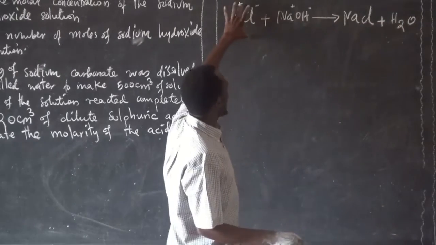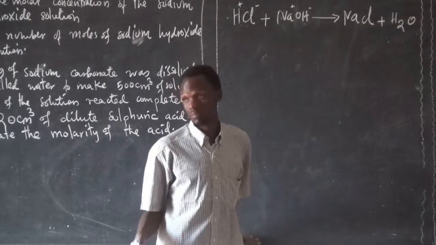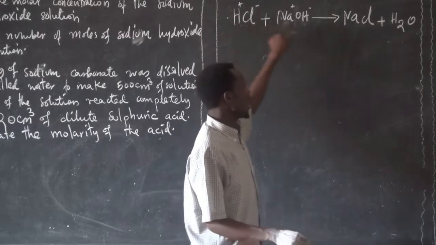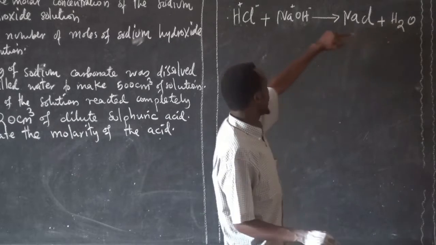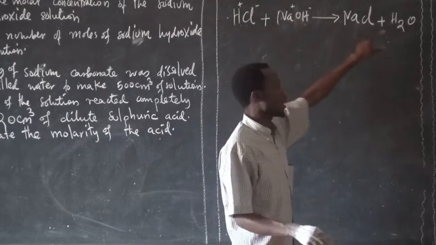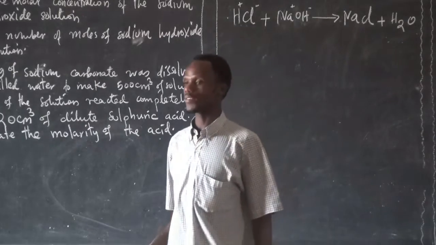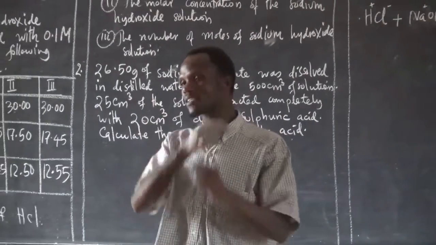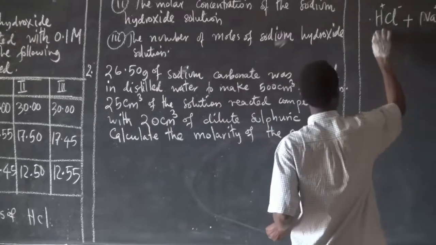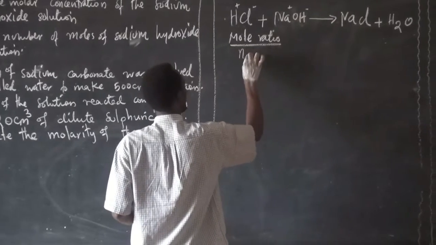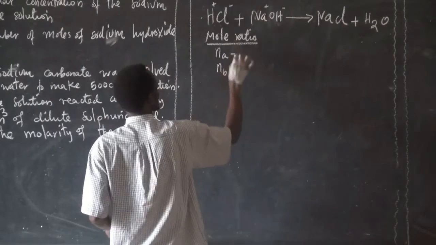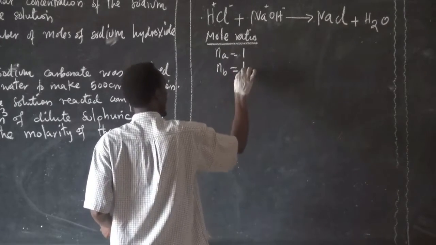Now from the equation, we can balance. How many hydrogens are here in the reactants? 2. And also here 2. How many sodium are here? We have 1, 1. Oxygen 1, 1. Now our equation is balanced. If the equation is balanced, from the equation we obtain what we call the mole ratio. For the mole ratio, we have the number of moles of acid and of base, where the number of acid is 1 and the number of base is 1.